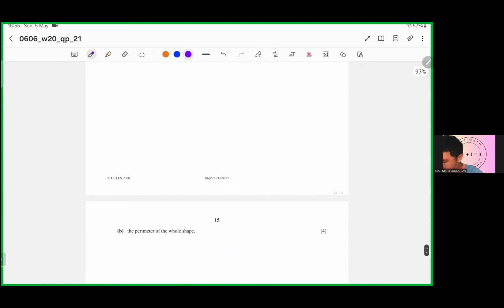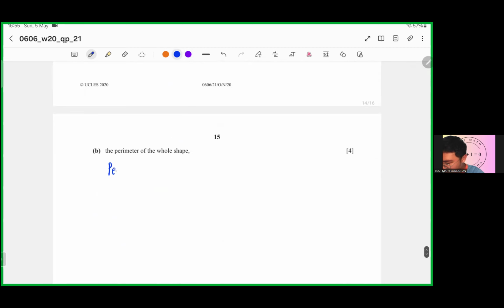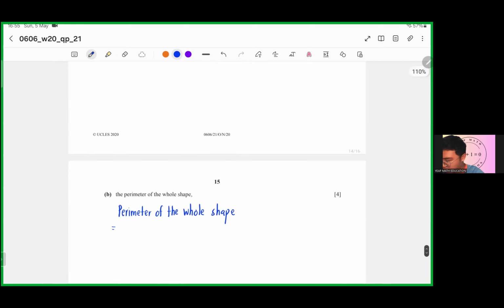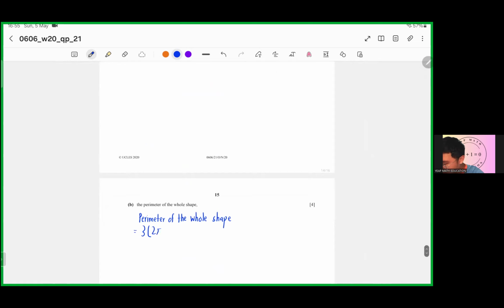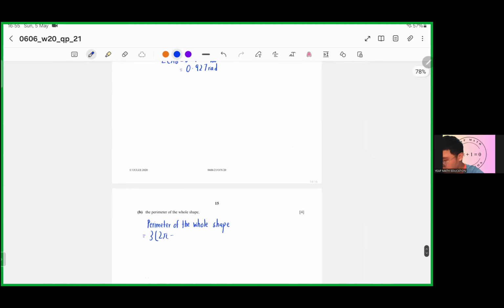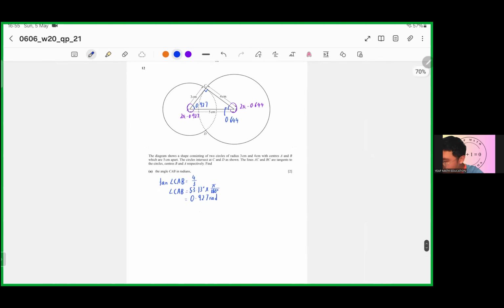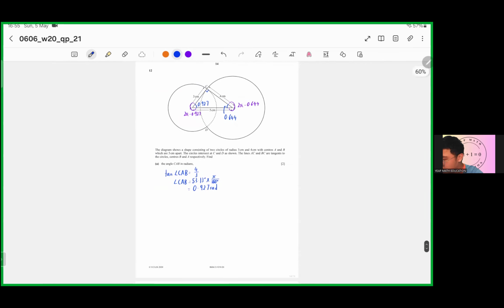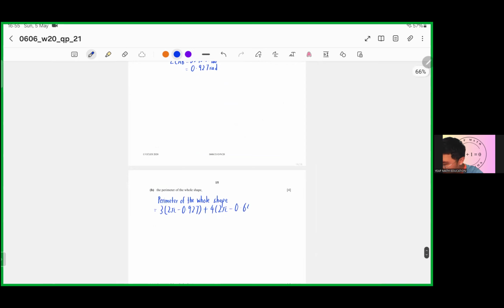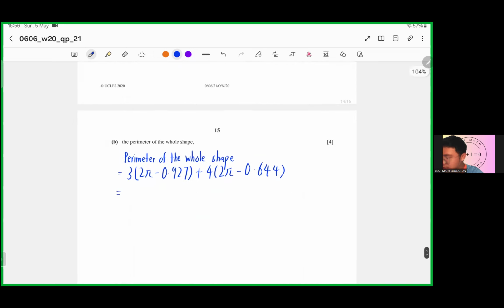This is 3 cm, 3 bracket 2 pi minus 0.927, and then plus this one, 4 cm, 2 pi minus 0.644. Let's see what is the answer.